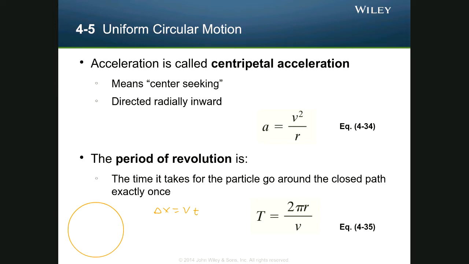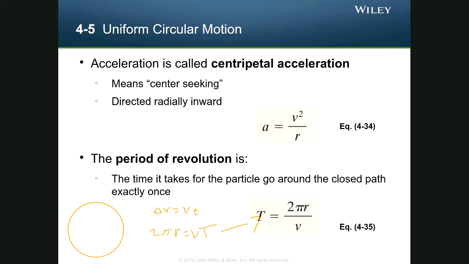So if you're traveling around the circumference of a circle, it's 2 pi r. You're at a constant velocity as defined by the problem. So that means it takes the period to do that, and you solve for t, and you get that equation. Okay, and so it's all pretty simple. So that's where that comes from.